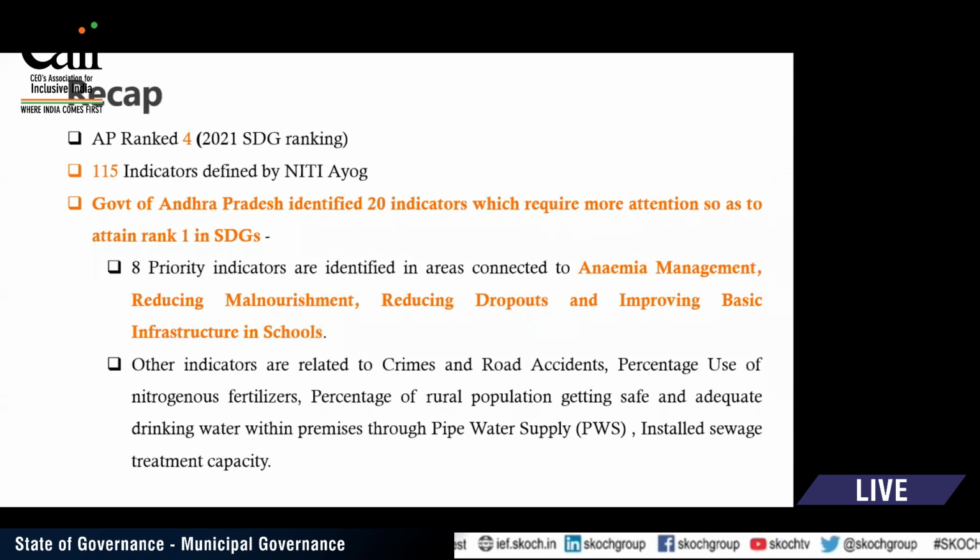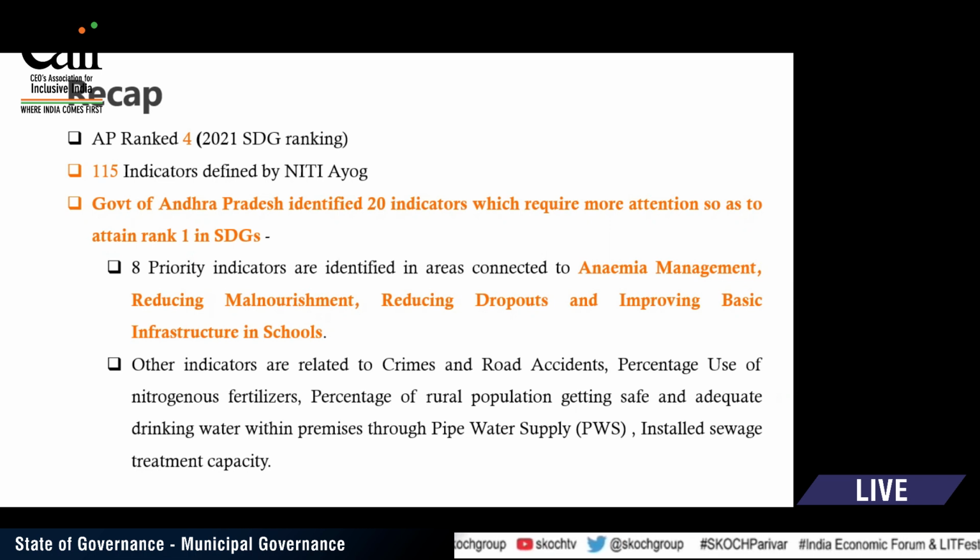AP is ranked 4 in the country by the 2021 SDG ranking. There are totally 150 indicators defined by NITI Aayog, derived from those 17 SDGs.